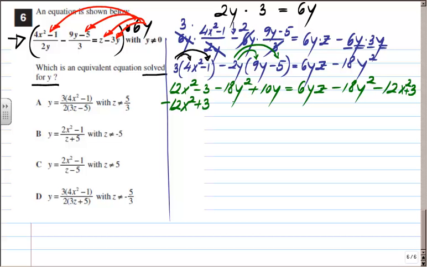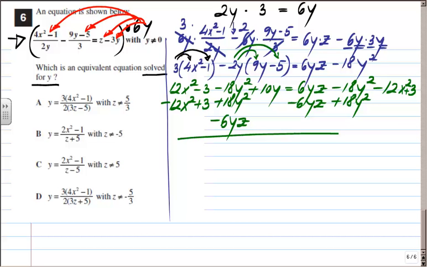Minus 18y squared will stay, plus 10y stays, 6yz should go on the other side, minus 6yz, and I can write that thing down here, minus 6yz. Minus 18y squared should go on the other side, so I'm going to add 18y squared, plus 18y squared.